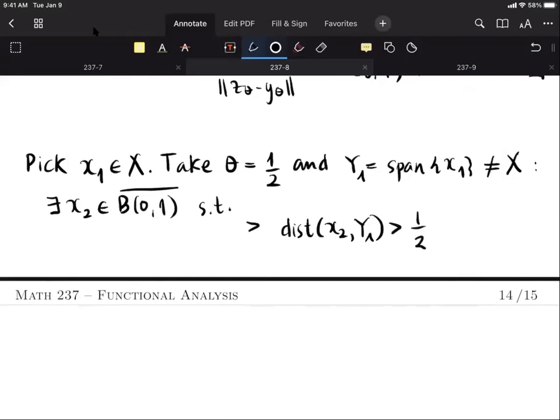But of course, this is less than the distance between x2 and any particular point in y1. So let us take x1.